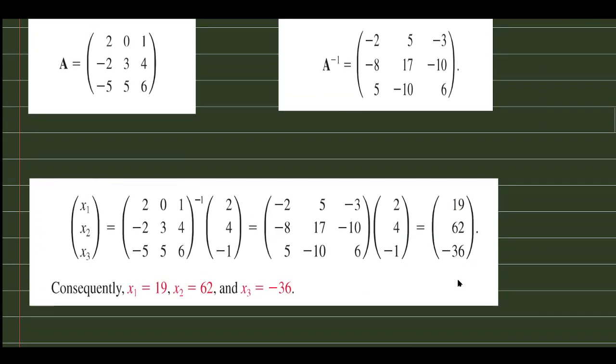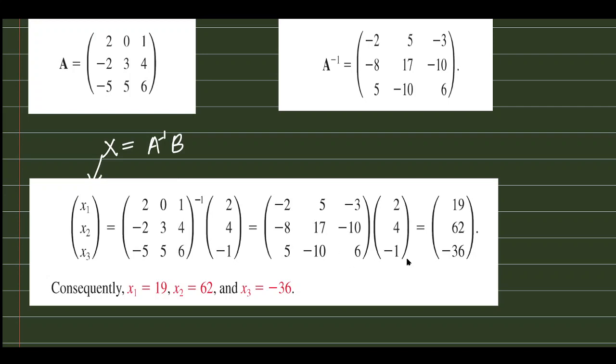Now to solve the system, we have to solve x equal to A inverse B. So we got A inverse. So x, which is x1, x2, x3, equal to A inverse B. We have substituted the matrix A inverse, which takes the value minus 2, 5, minus 3, minus 8, 17, minus 10, 5, minus 10, 6, into B. So it is 2, 4, minus 1.